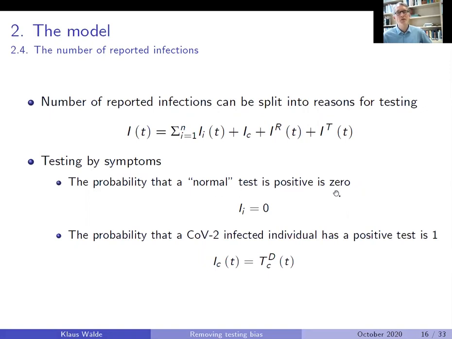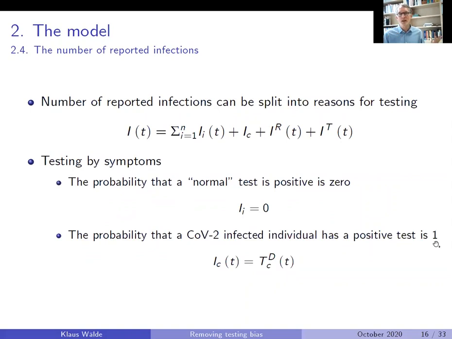this probability is 0. As I said, we exclude false negative tests and false positive tests here. So the number of infections reported because we test individuals that have a flu is 0. Now, the probability that a CoV-2 infected individual has a positive test is 1.